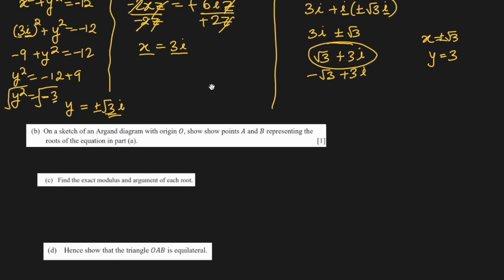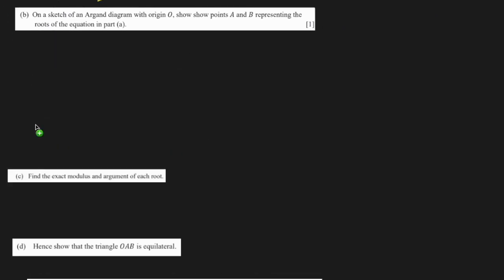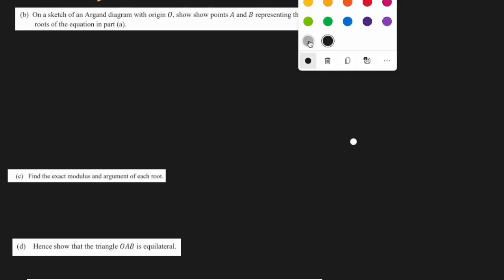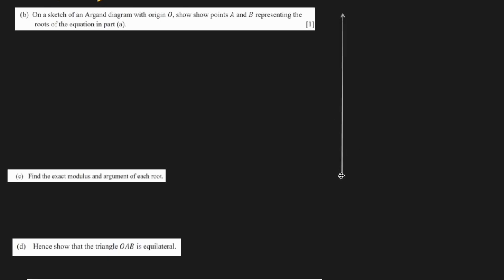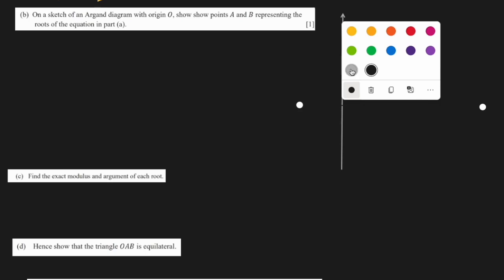On a sketch of the Argand diagram, show points A and B representing the roots of the equation. So this is the imaginary axis, and let's say this one is real. What are the points?